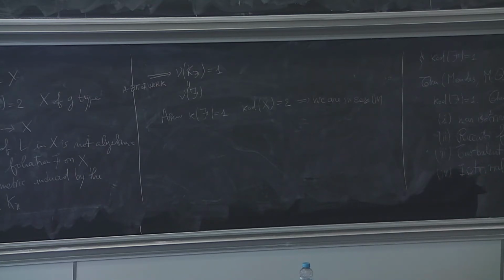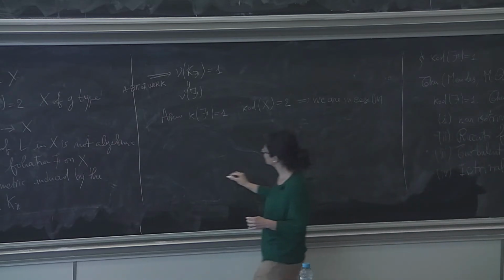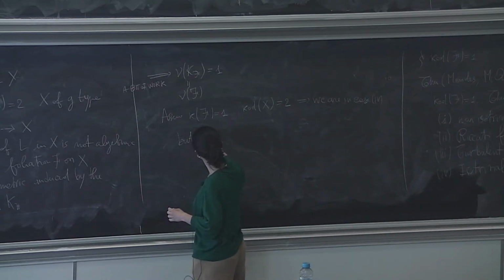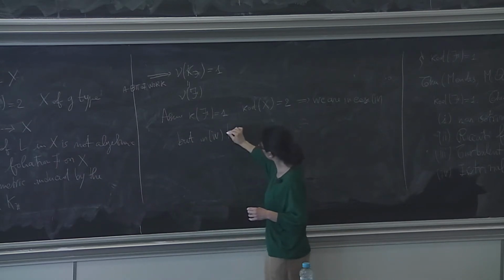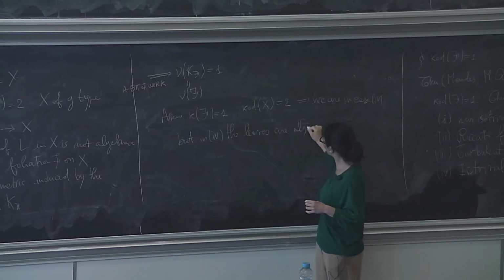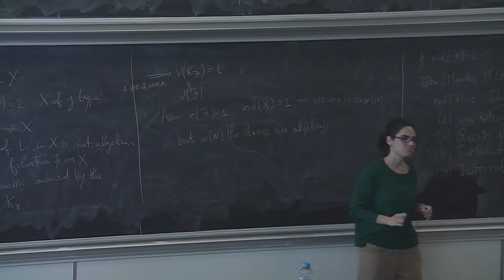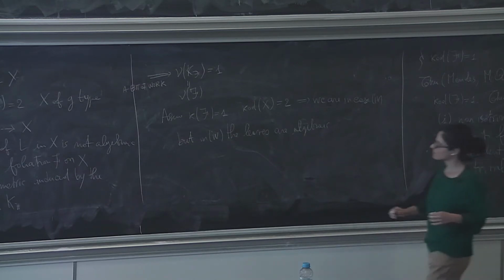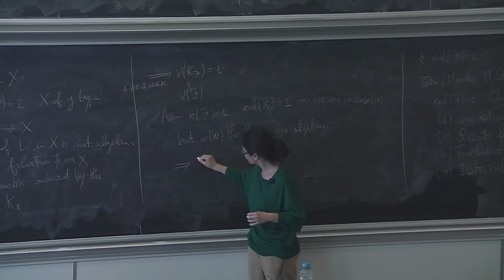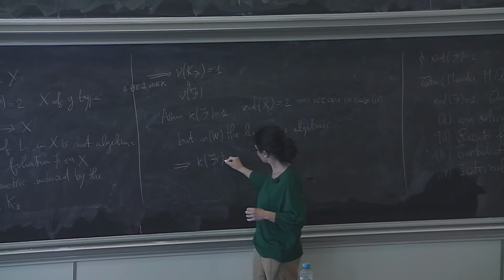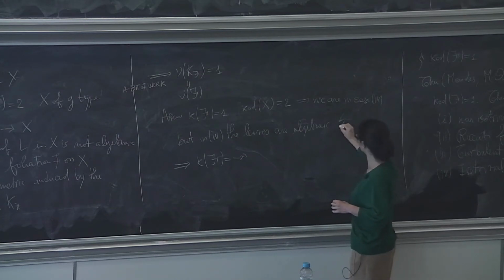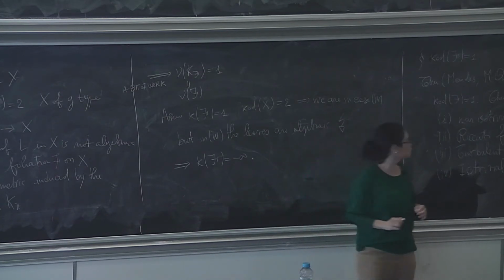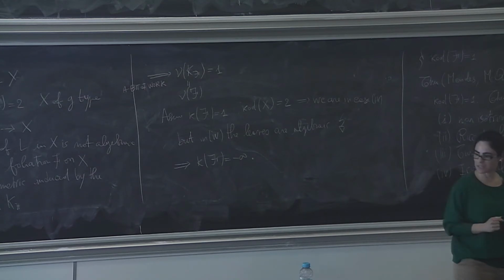So we are not in case 4 either. So the only possibility is that the Kodaira dimension of F is minus infinity. This is a contradiction. Okay, so there is something indeed in that.